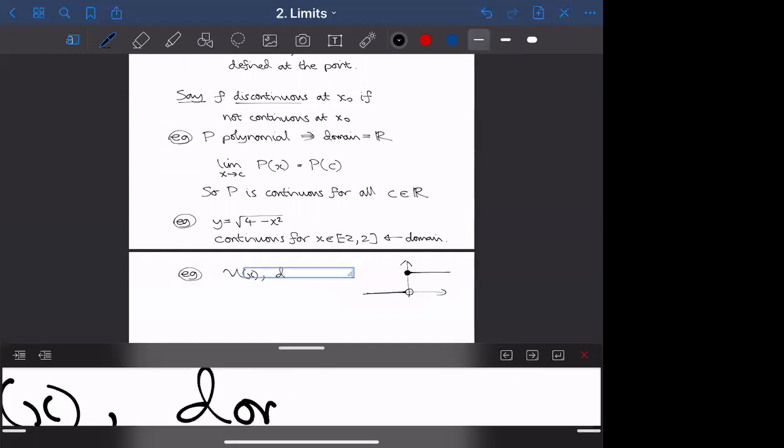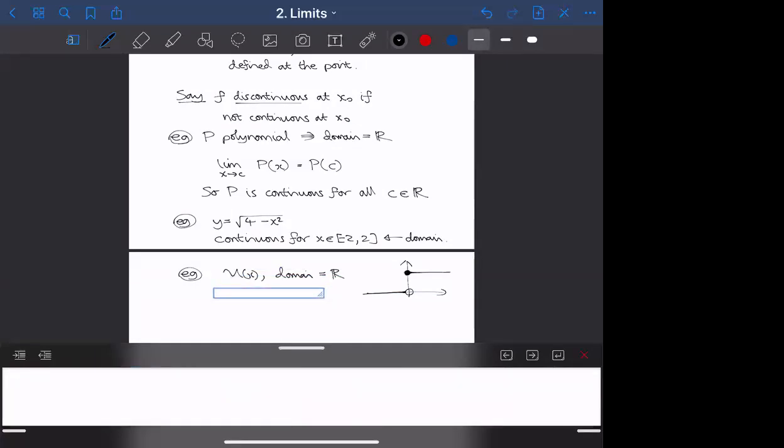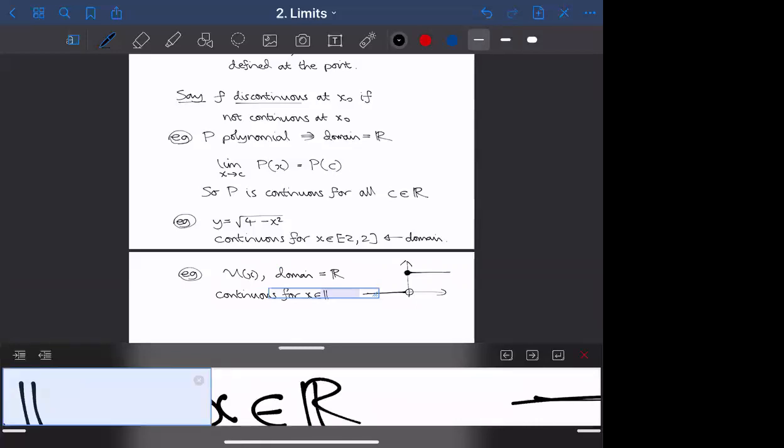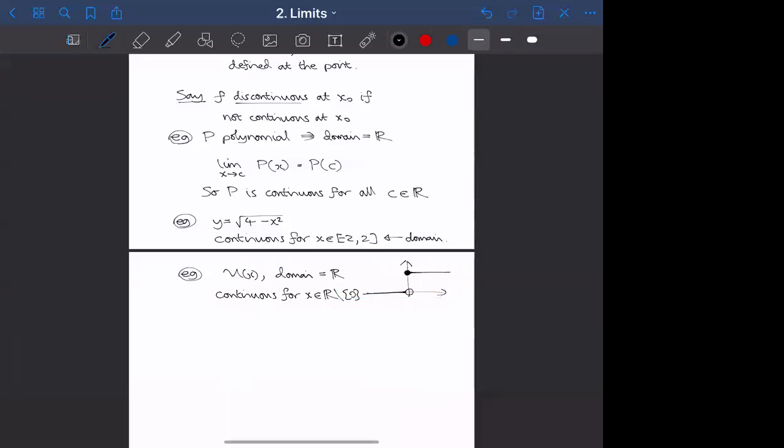And its domain equals R. And it's continuous for points x in R with 0 removed.